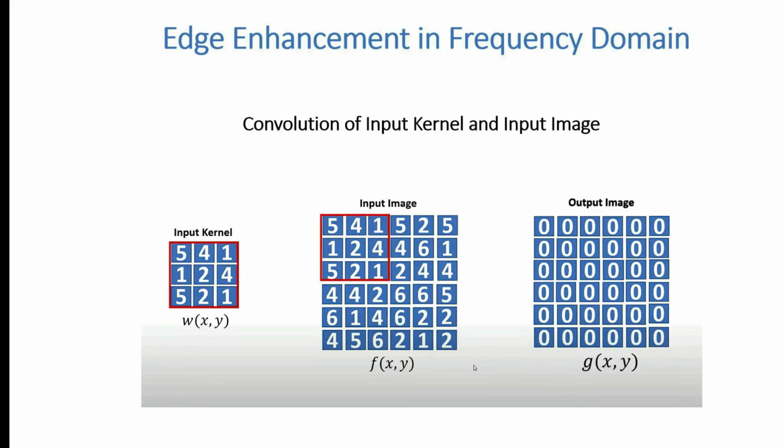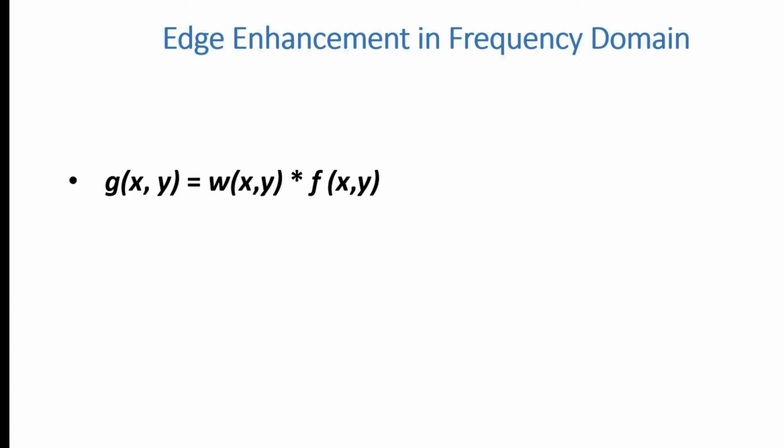Now, referring to the previous lecture on edge enhancement, when an output image is obtained by convolving an input image with the kernel, as shown here, the convolution theorem states that the Fourier transform is given by G of u, v, which is equal to the Fourier transform of the kernel times the Fourier transform of the input image.